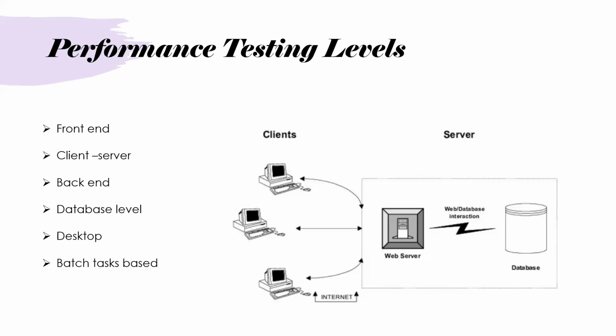Also, if you have an application which performs batch tasks, you can perform batch task level performance testing. So these are a few levels at which we could perform performance testing. Mainly, we consider front-end, client-side, and back-end level performance testing as the main levels.